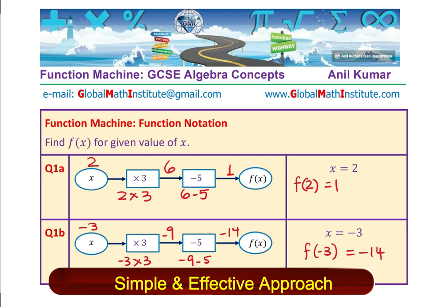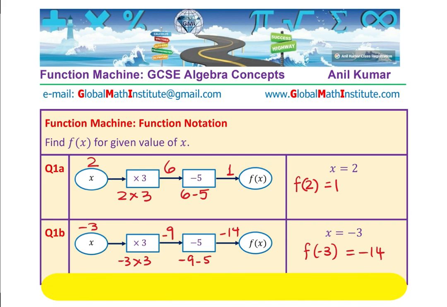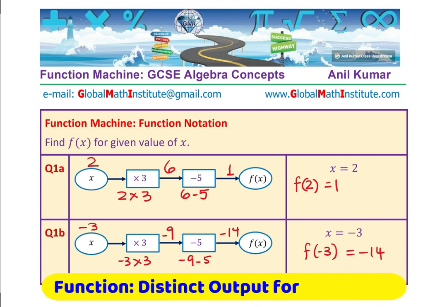Simple and clear. It really means that whatever input you put, you will get an output. In this particular case, a unique output, and therefore it is a function. It is a function because for every value of x, we have a unique value of f of x, right?